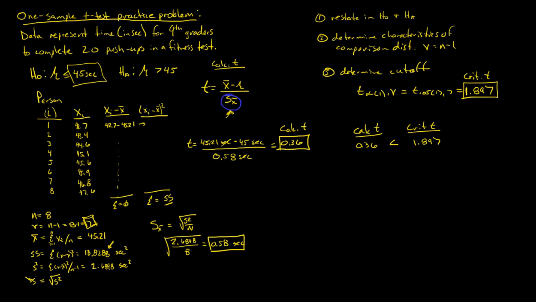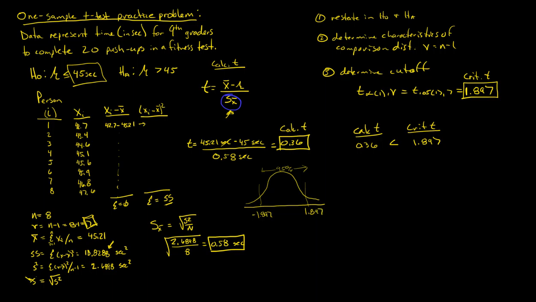And if you remember, what is this doing here? We're creating a comparison distribution, which is a t distribution, and we're saying that in order to capture 95% here, our cutoff is negative 1.897 and positive 1.897.